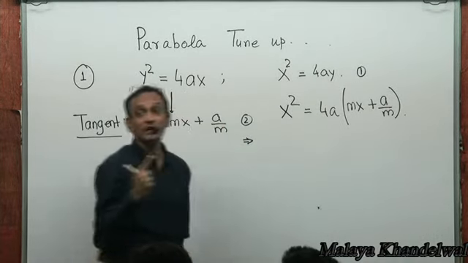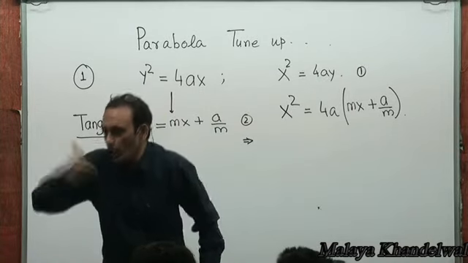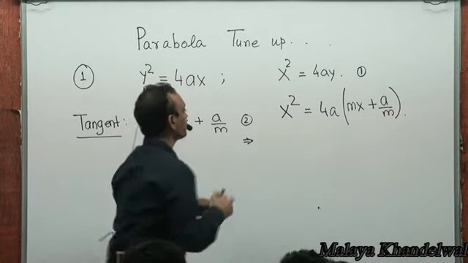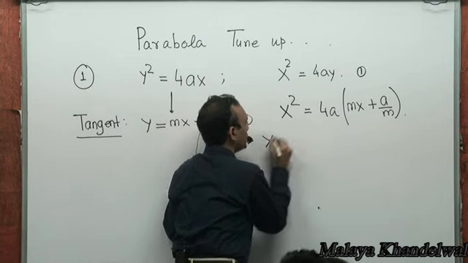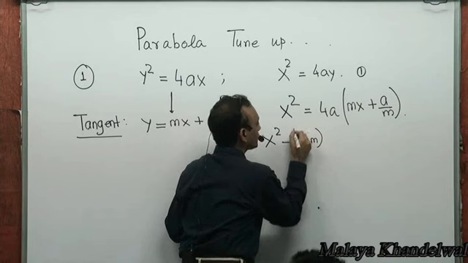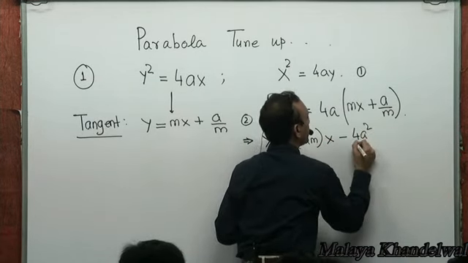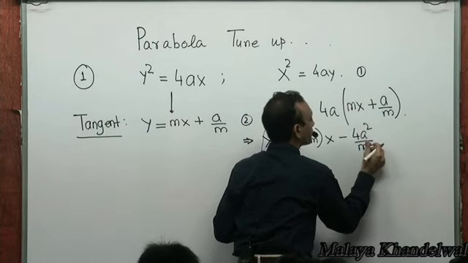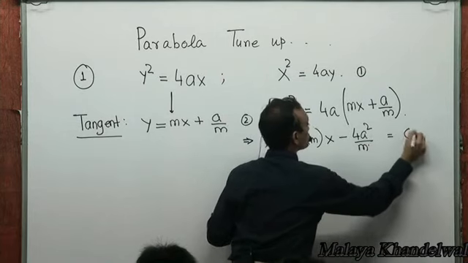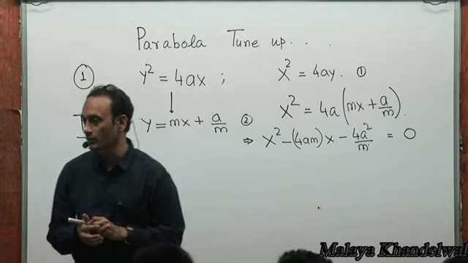Now, this gives me a quadratic in x. The x coordinates of the 2 points of intersection between the line and this parabola, that is what I get when I solve this, right? So, x squared minus 4am into x minus 4a squared by m equal to 0 is a quadratic in x, giving me the x coordinates of the 2 points of intersection, right?